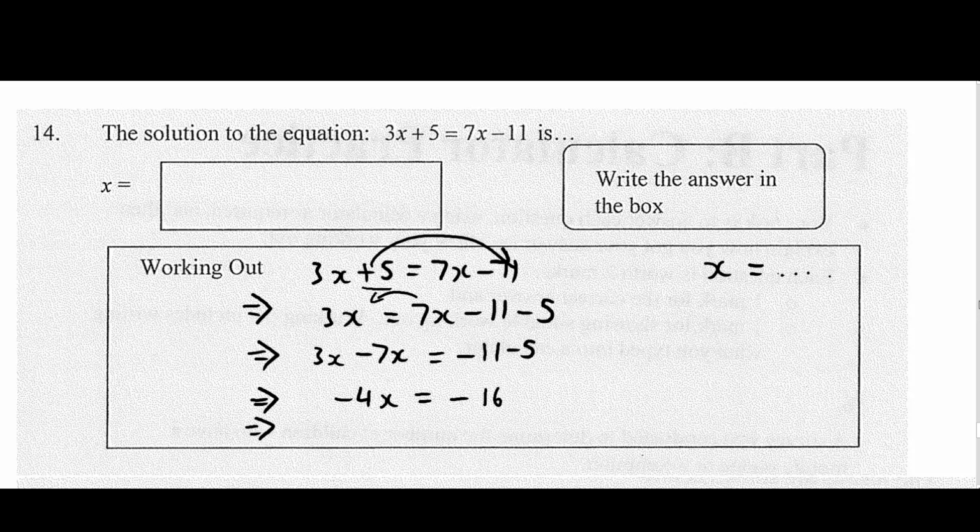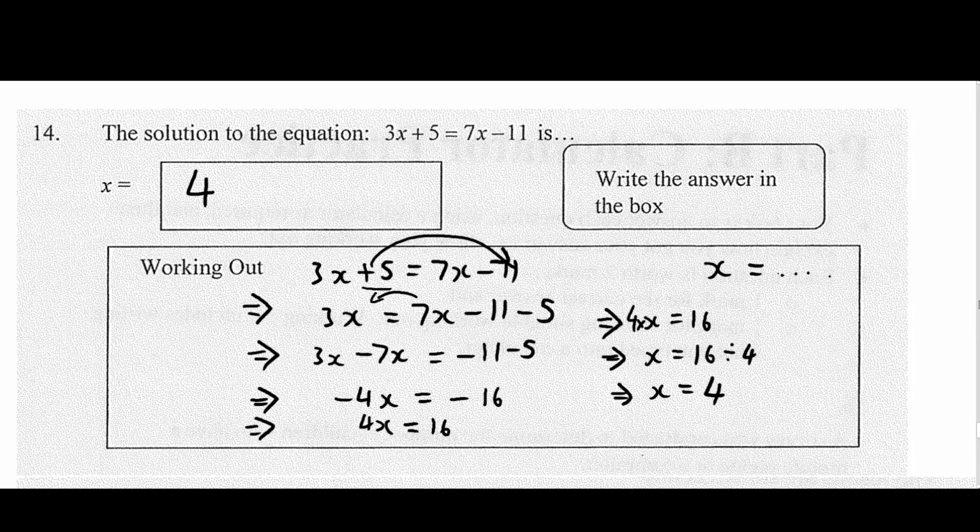If you've got a negative on one side and a negative on the other, with just a number times x and just the number here, we can just get rid of the negatives. 4x equals 16. This is the same as saying 4 times x equals 16. When this 4 times goes to the other side, it becomes divide. 16 divided by 4, x equals 4. X equals 4.